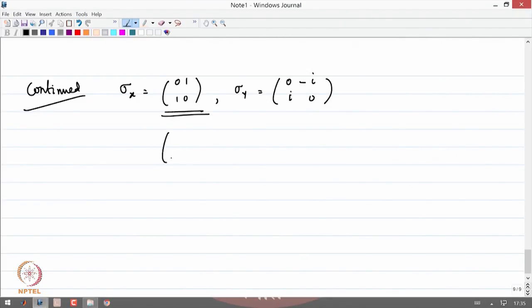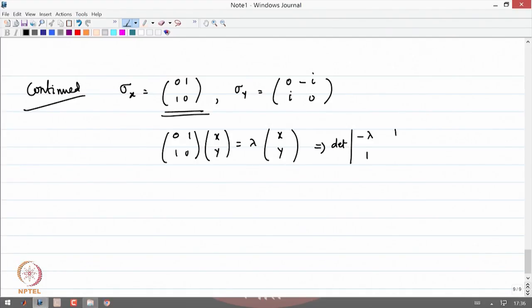The eigenvalue equation is this matrix multiplied by a column (x, y) equal to lambda times (x, y). If you recall, it was a11 minus lambda, so you can immediately write the determinant that goes to 0 as minus lambda times minus lambda minus 1 is equal to 0.